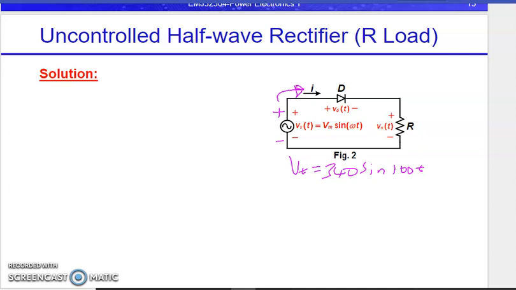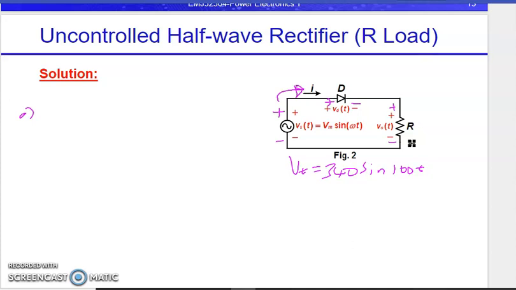You have a positive pulse on the source, as well as positive here. The source is coming to the load, so here is positive. So the KVL will take place within this arrow direction, clockwise direction.